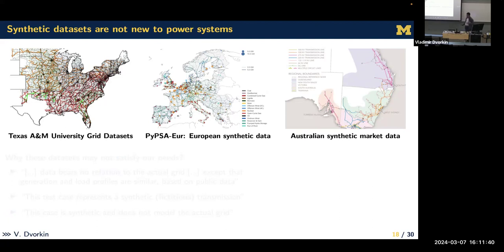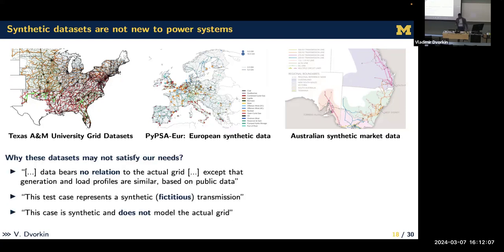It's not a new problem for power systems because these infrastructures are very sensitive and we don't know exactly the topology or parameters of transmission lines or generation mix or load information. But the community was creating some synthetic datasets that would represent some version of the United States power grid or that in Europe or in Australia.